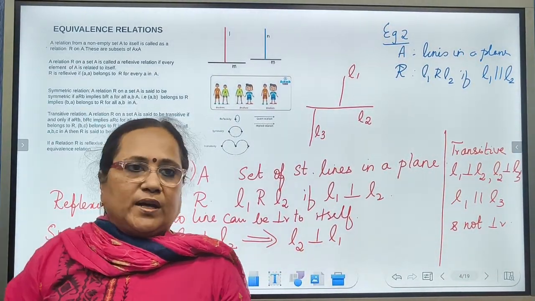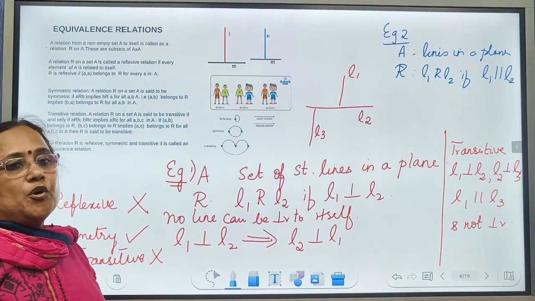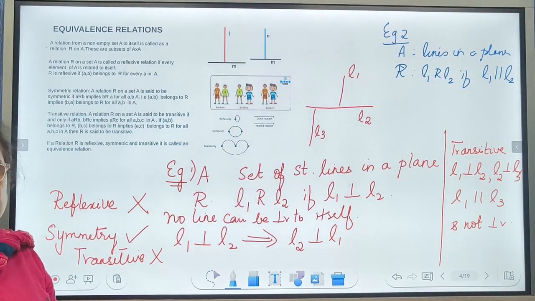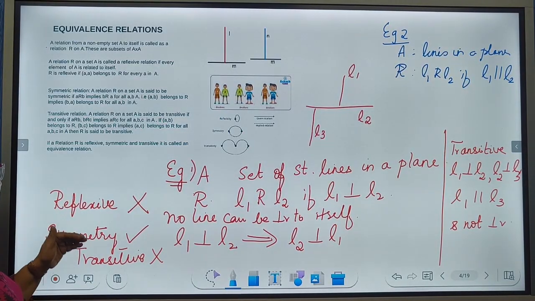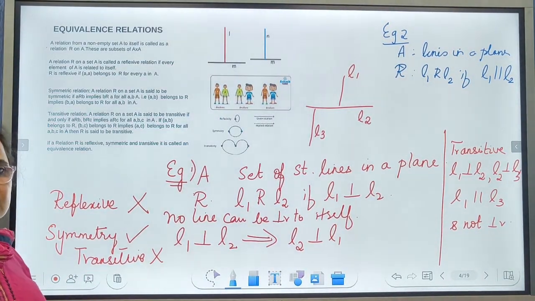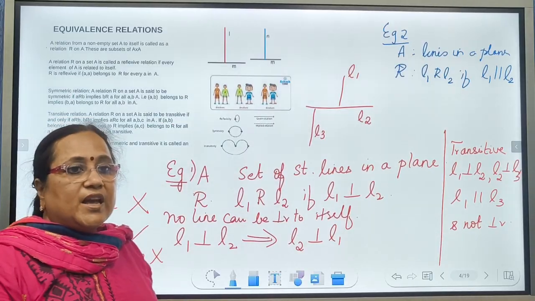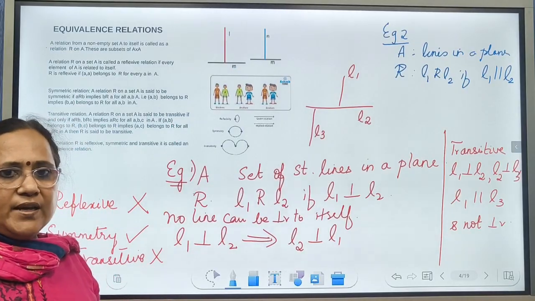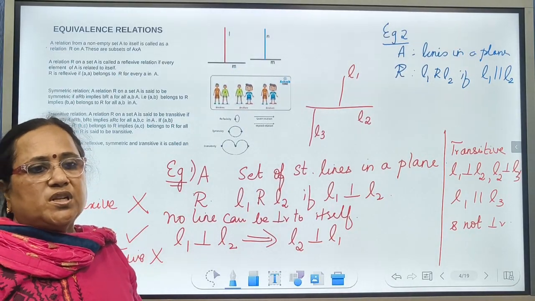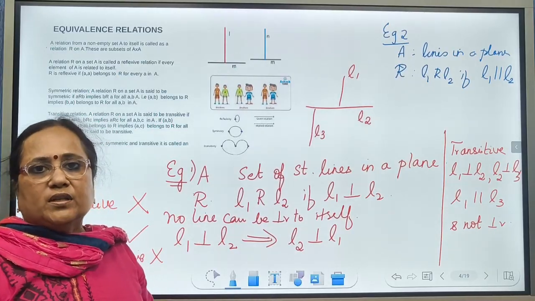Instead of perpendicularity, I am defining the property of being parallel as the relationship. Two straight lines are related if they are parallel. So now we will think about all these three: reflexive, symmetry and transitive. Is it reflexive? Is every line parallel to itself? Yes, isn't it? Coincident lines are also parallel to themselves.